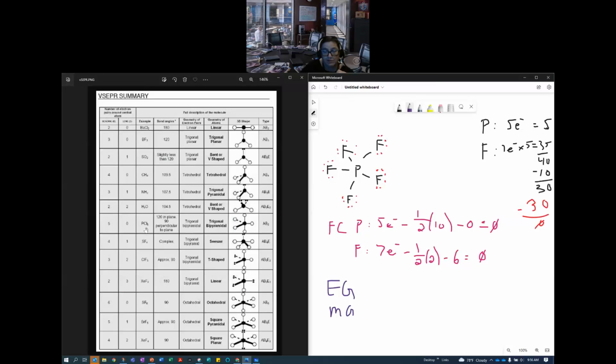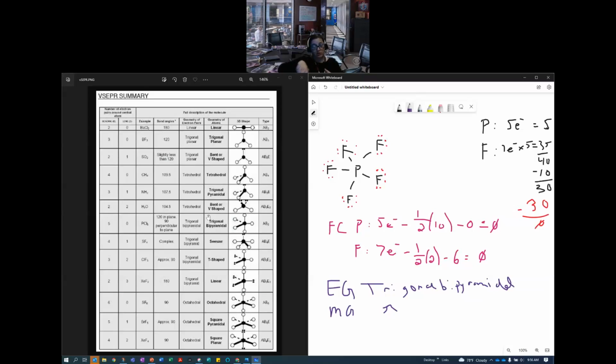My table gives me trigonal bipyramidal. Okay, and both of them are trigonal bipyramidal.